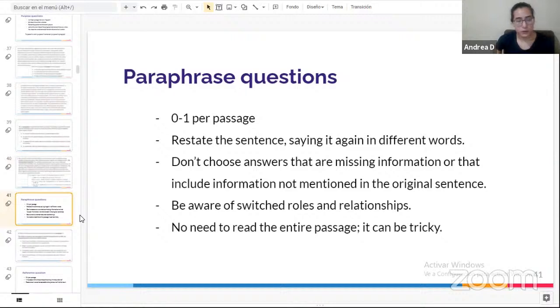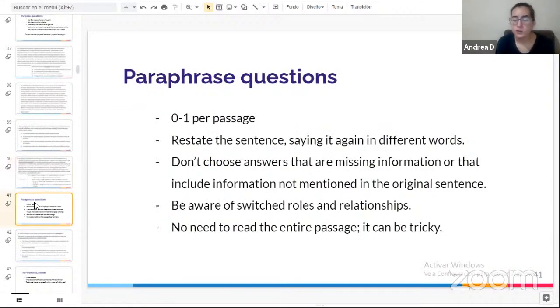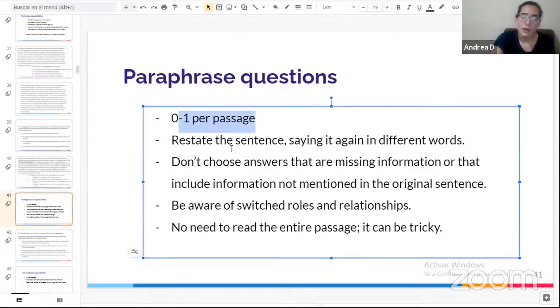Now we have the paraphrase questions, which I personally love, mainly because you won't have to read that much. So it's not like these ones where you need to go back to the paragraph, try to find the answer. When you have the paraphrase question, everything you guys gotta do is just read whatever you have in the question. You don't have to look farther than that. The answer is gonna be in the same sentence that they're asking for. It's not that frequent, unfortunately.